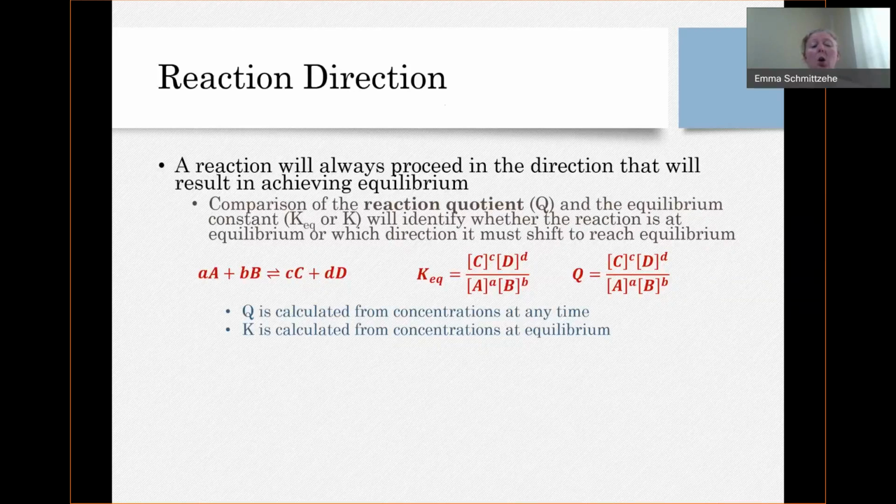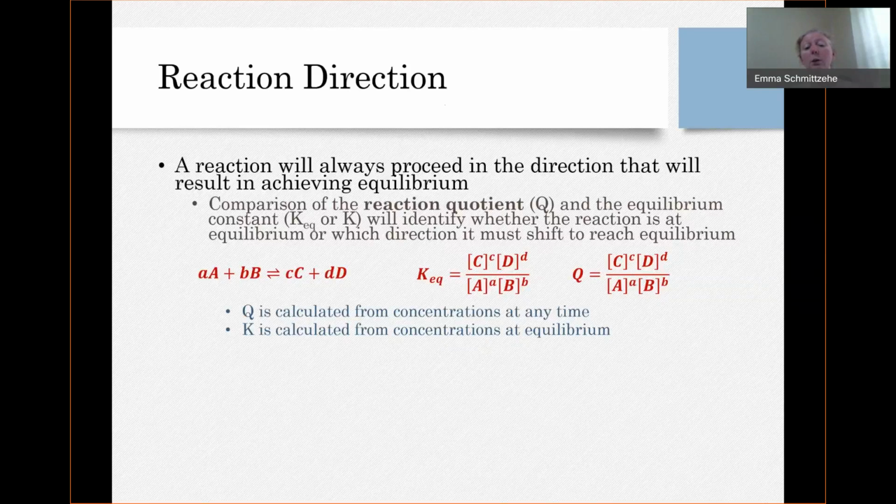Okay. So if you take that equation and you plug in equilibrium values, so concentrations when the reaction is at equilibrium, what you're really calculating is the K value. But if you're just plugging in concentrations when you don't know if it's at equilibrium or not, you're really calculating Q. Okay.